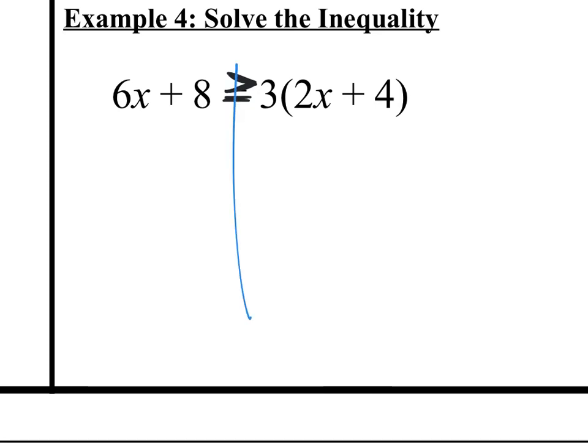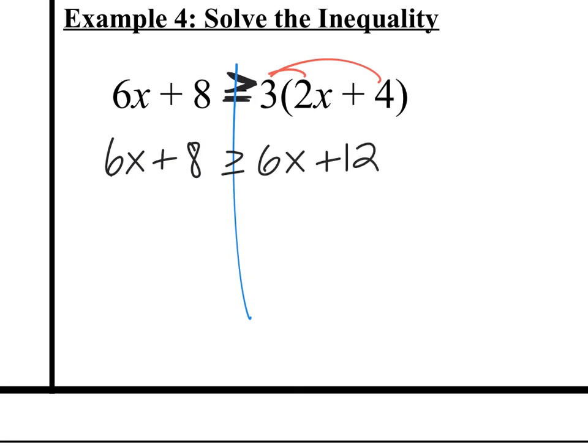Put a bar down the middle and let's go ahead and distribute so that we get 6x plus 8 is greater than or equal to 6x plus 12. Maybe you can see it already. We'll now move our variables to one side because there's no like terms. Those cancel out. So you're left with 8 is greater than or equal to 12.